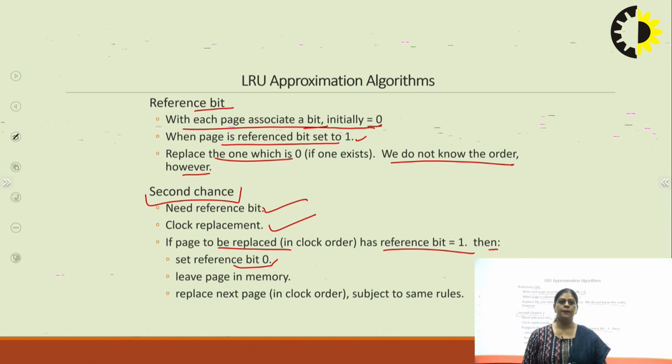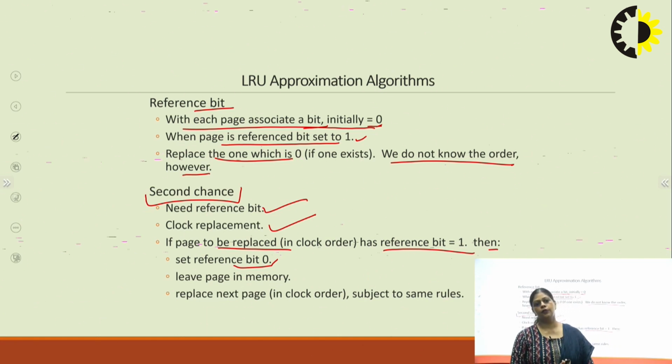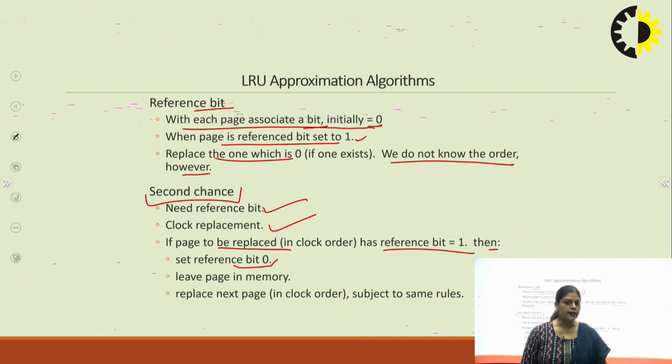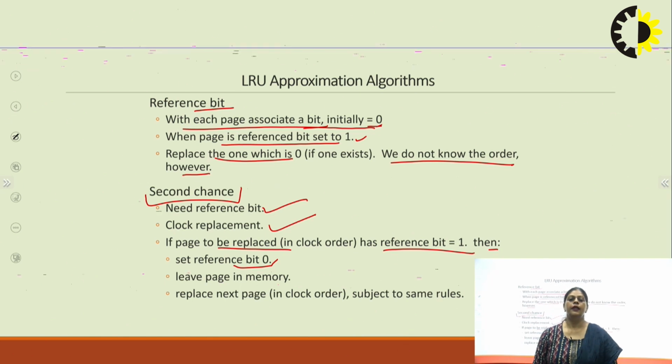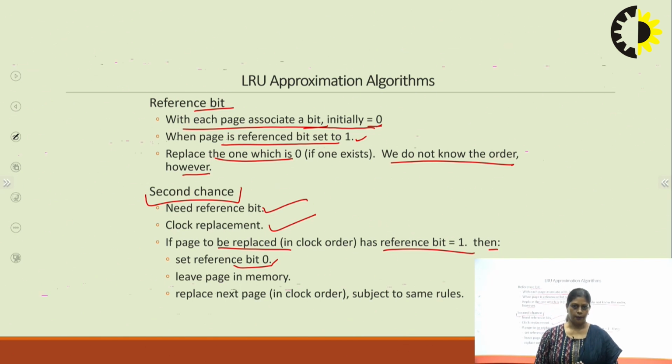According to the theory, if a program has been referenced just now, that means the reference bit is 1, it's recently referred. Least recently used says that those which were just referred can be used again. So that's why we are giving a second chance to that particular page, right?